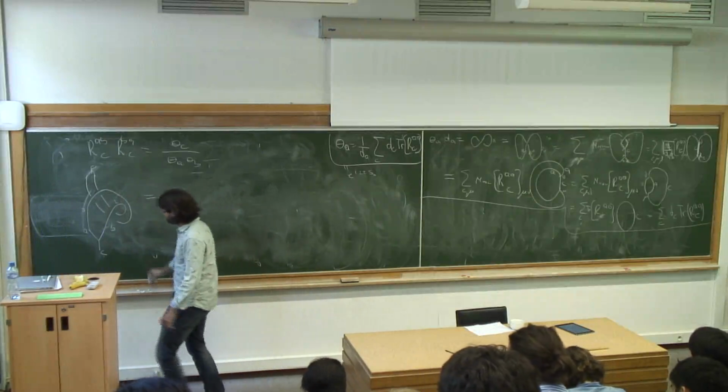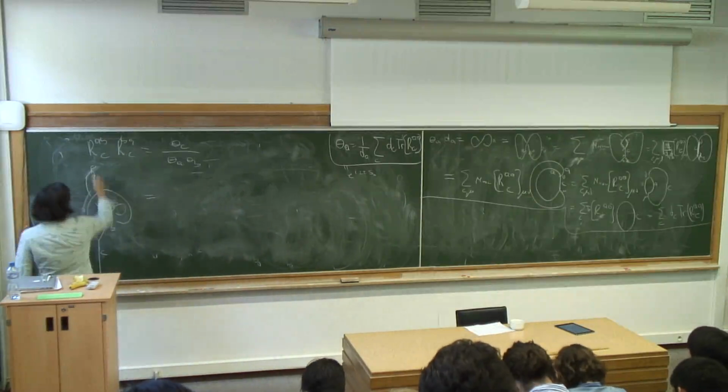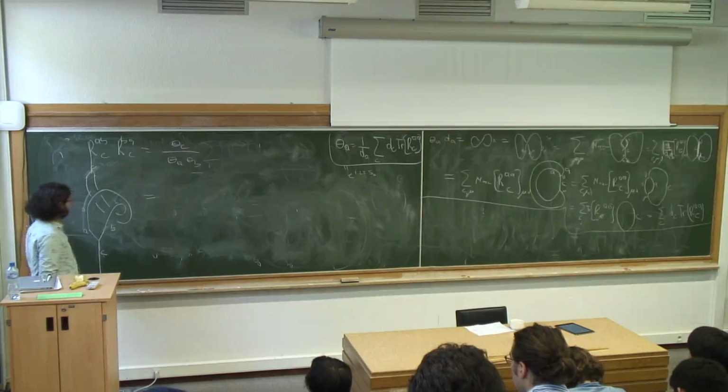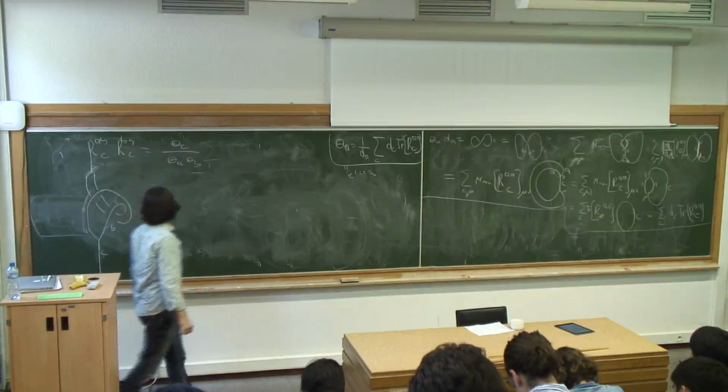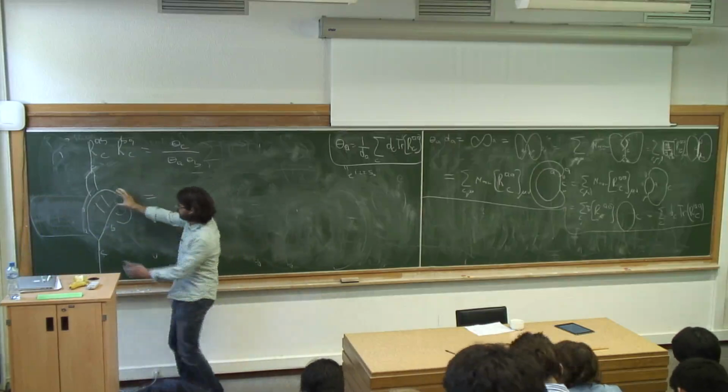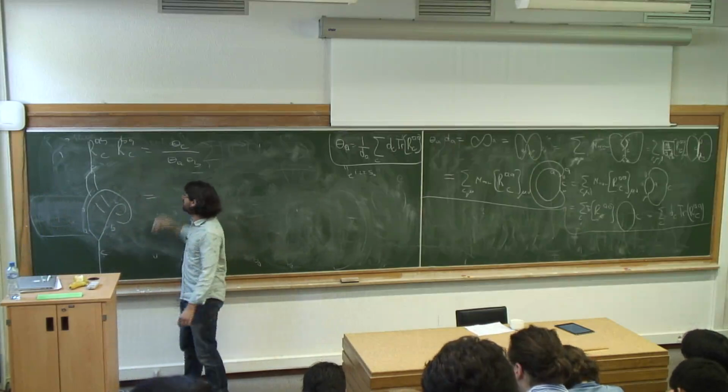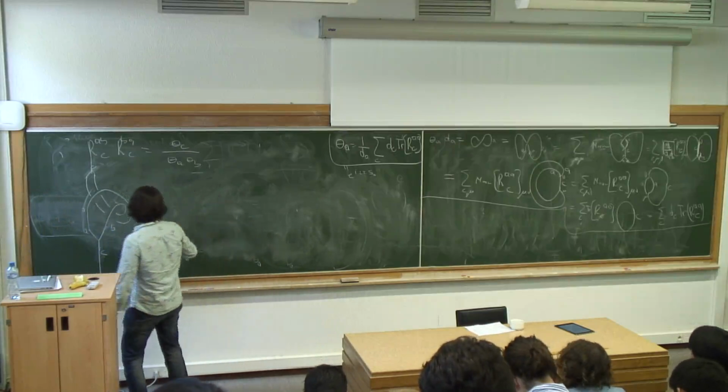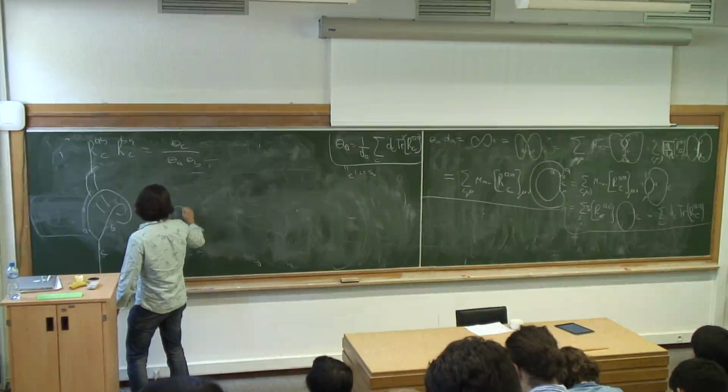Alright, I'm going to express this graph in two different ways. First way, I'm going to make this line elongated like this, right? So the first way is I'm going to unwind this and move it into the C. I want to make sure you agree that this is the same as this.